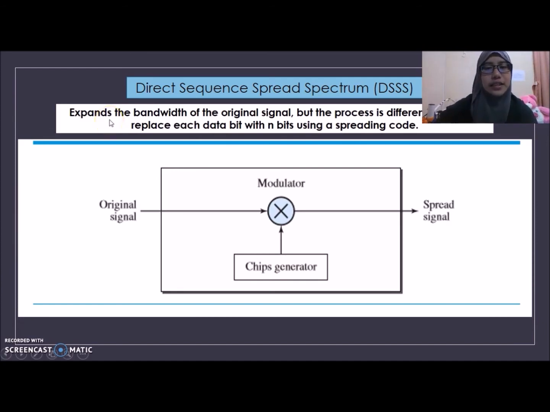This is a technique which expands the bandwidth of the original signal, but the process is a little bit different. In DSSS, we replace each data bit with n bits using a spreading code.